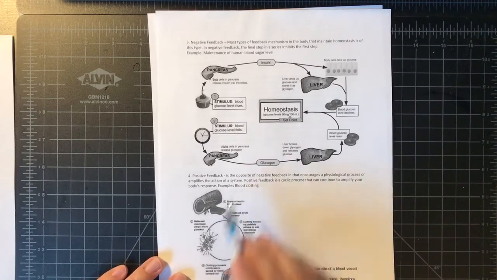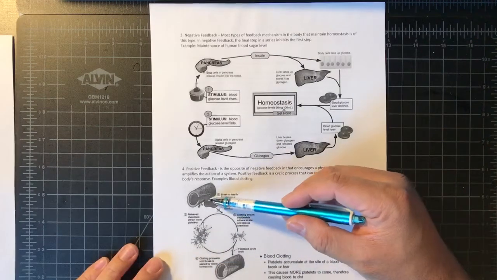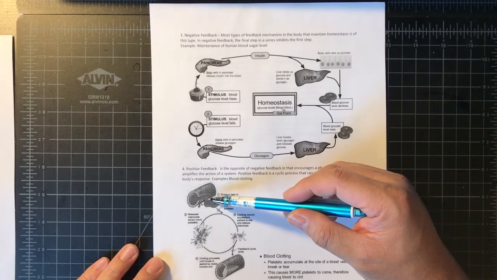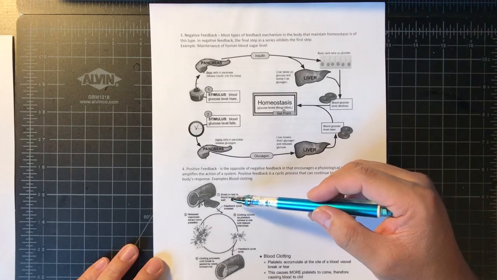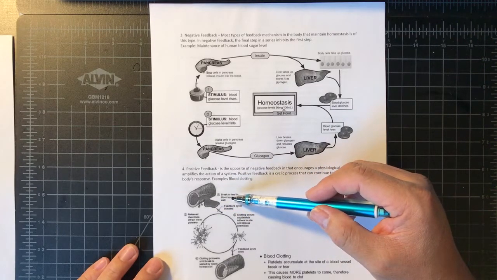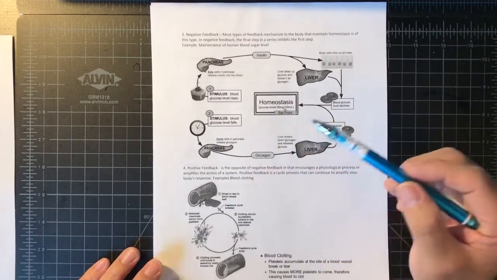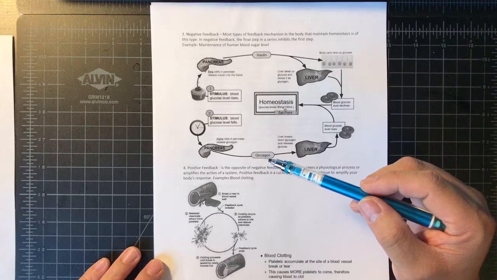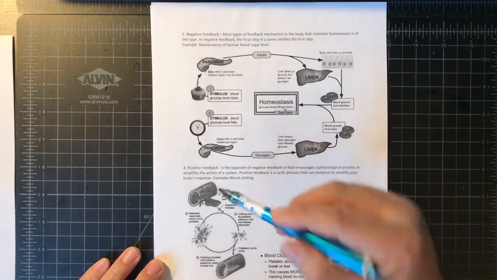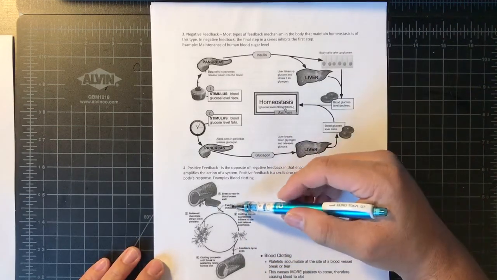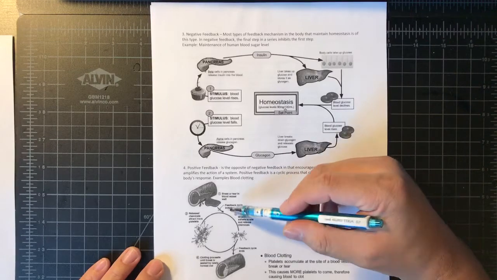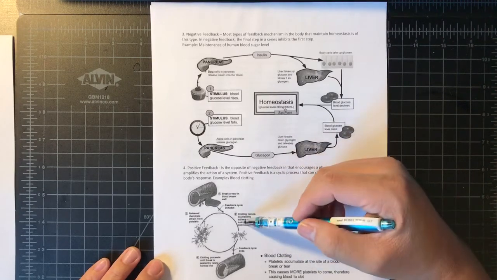Let's take a look at an example of blood clotting. Now over here, your blood vessel breaks. Maybe somebody scratches you because they don't cut their fingernails while playing basketball. Or maybe you just fall down from your bicycle and you break a blood vessel and blood starts leaking out. Now, for obvious reasons, this can't happen. Something's got to occur. So when the blood starts to leak out, it creates a cycle where clotting starts to occur.